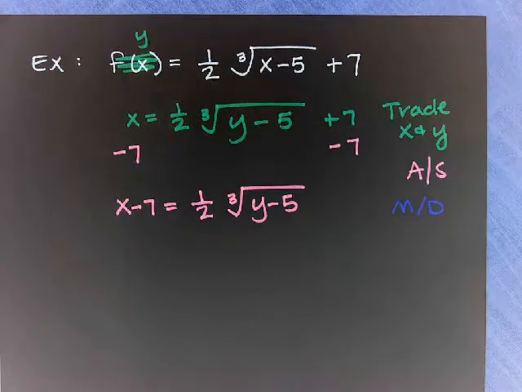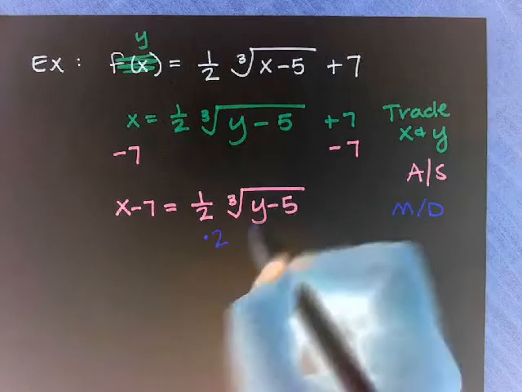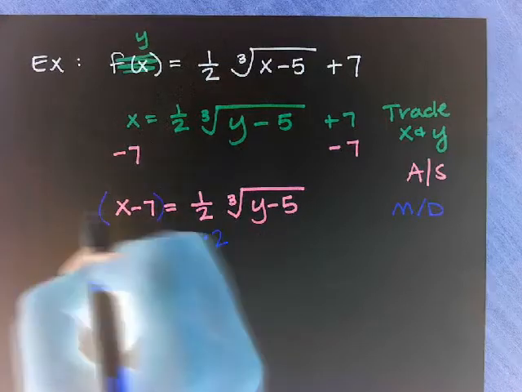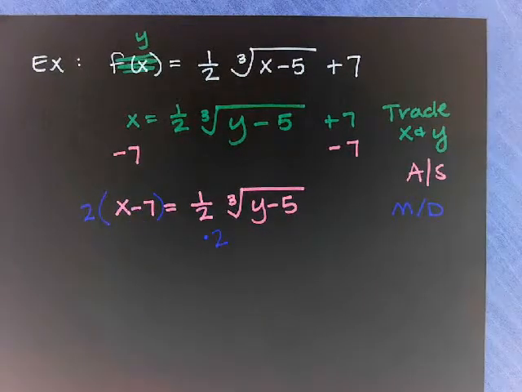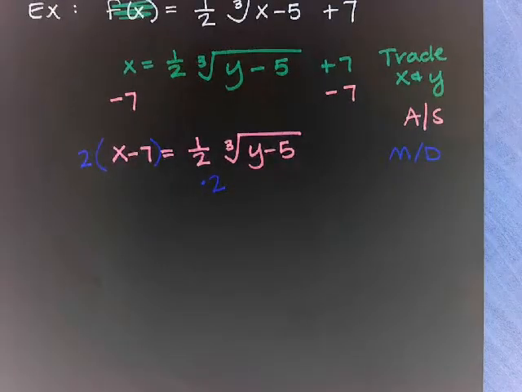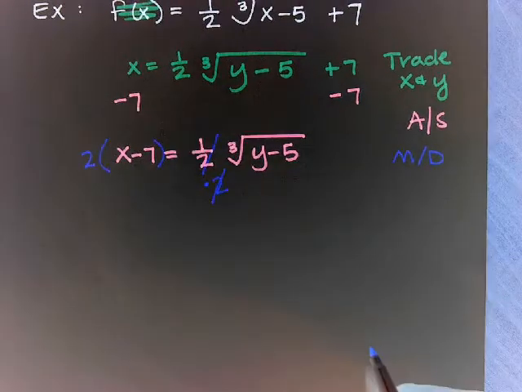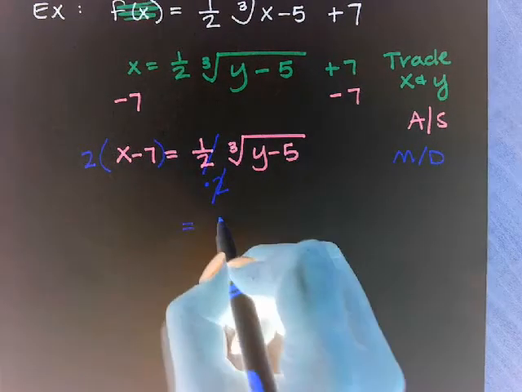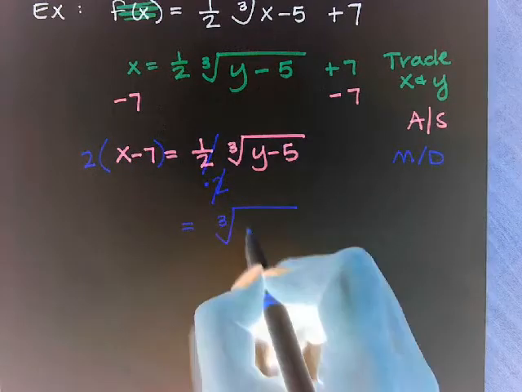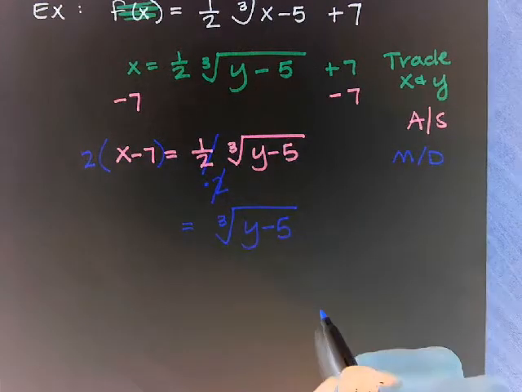So do you guys want to divide by 1/2 or do you want to multiply by 2? Multiply. So I'm going to say times 2, and then over here I'll say times 2. So these cancel, and I get cube root of y minus 5.